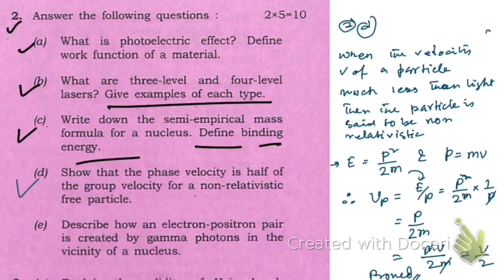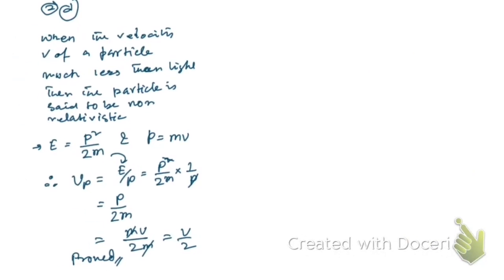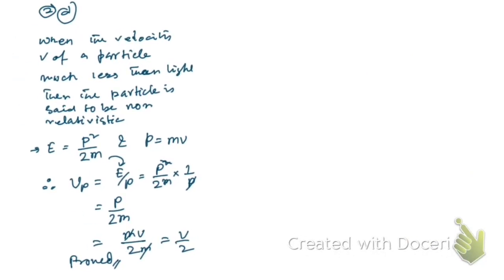Let me copy this and take a new slide. This one. So here is the conclusion. Here we have got Vp equal to v by 2, right? This is nothing but the phase velocity, and this is the particle velocity.